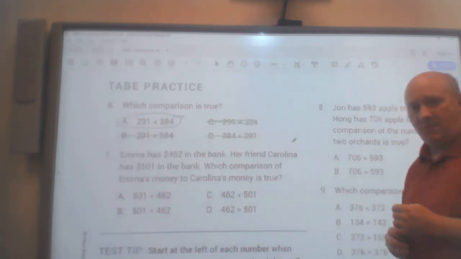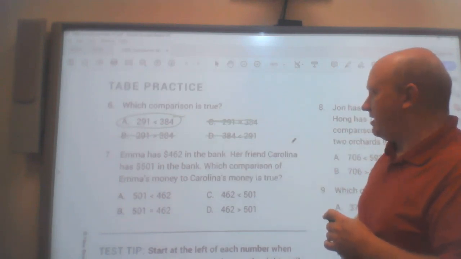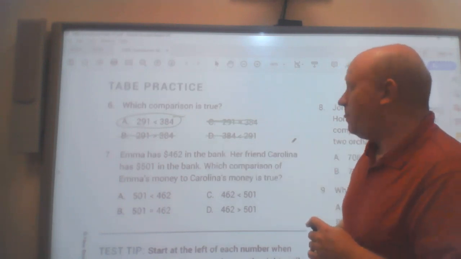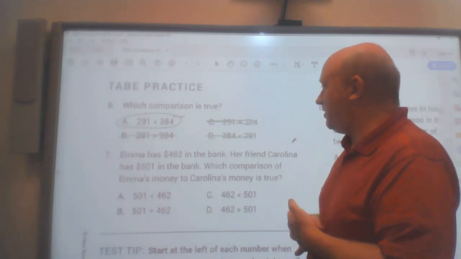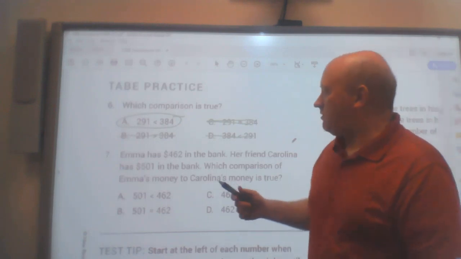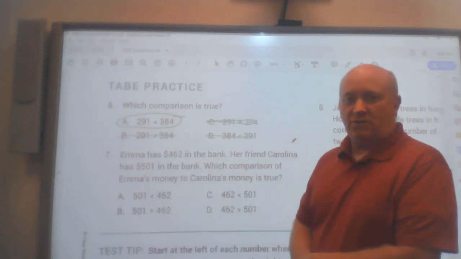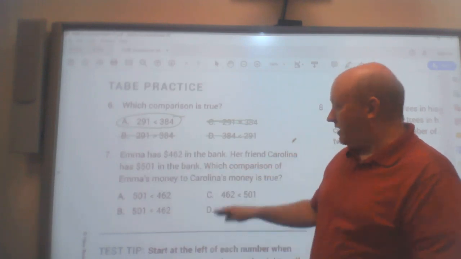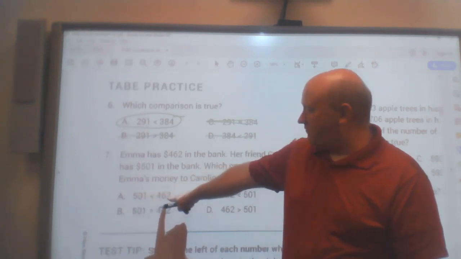A. Okay. Now, Emma has $462 in the bank. Her friend Carolina has $501 in the bank. Which comparison of Emma's money to Carolina's money is true? Well, first of all, look at that. Is 500 greater than 462? Yes. So let's see. A, 501 is less than 462.